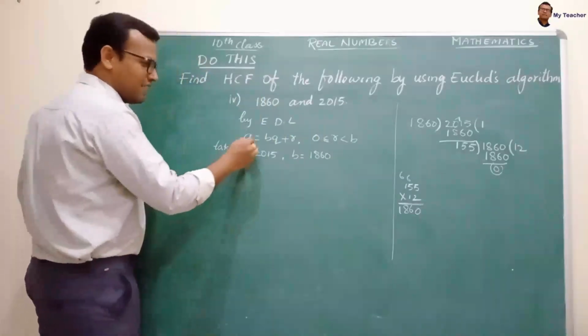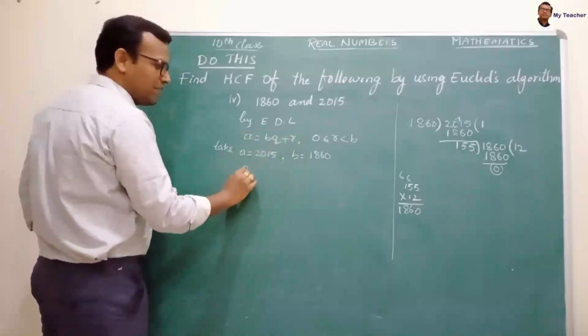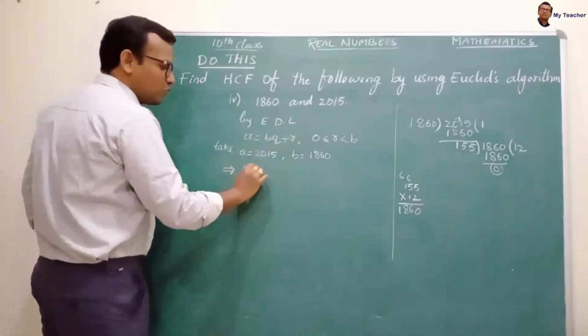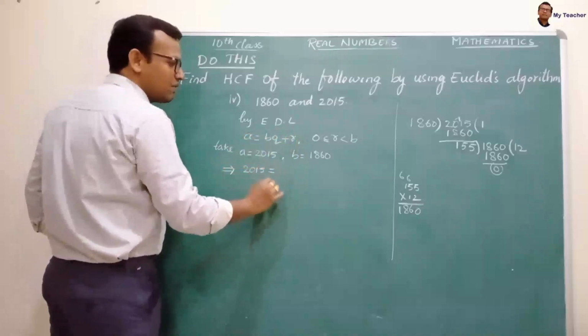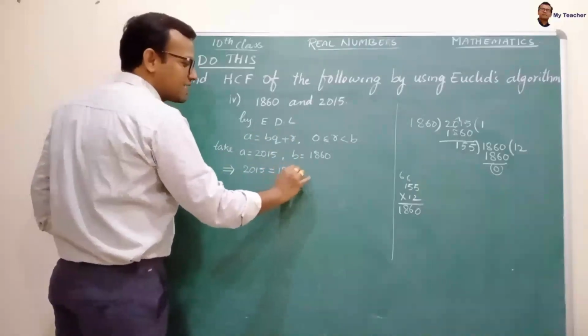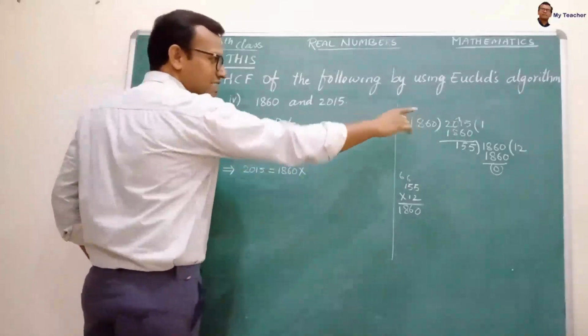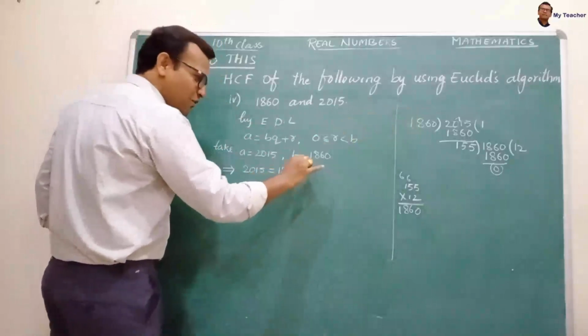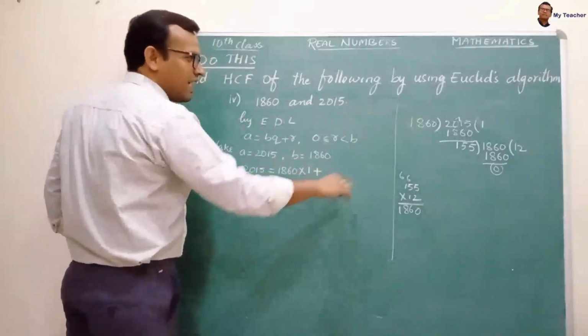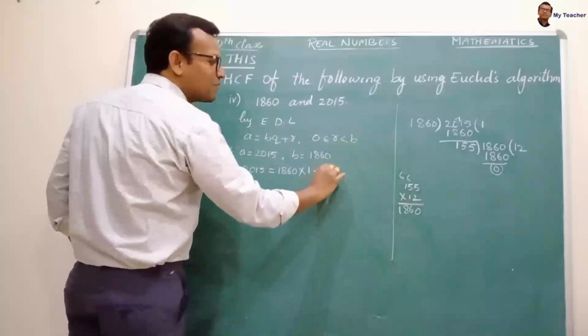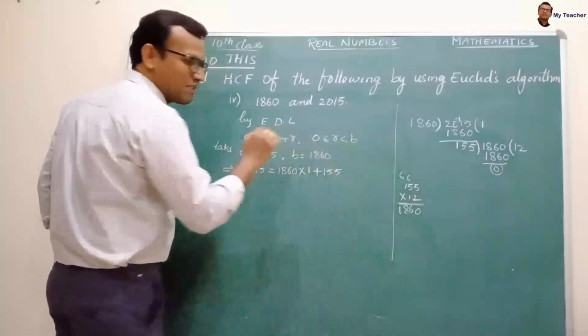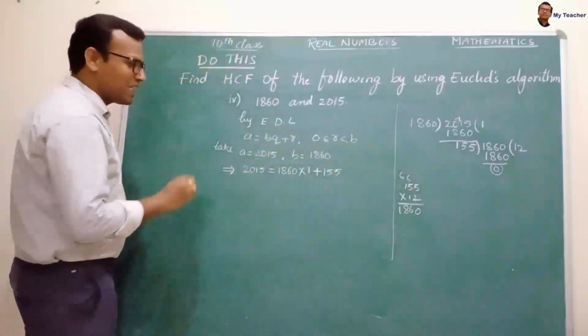Now let's see here. A is equal to BQ plus R. That means 2015 is equal to 1860, how many times? 1860 ones are 1860. And what is the remainder we got? 155. So plus 155. So the step became easy.